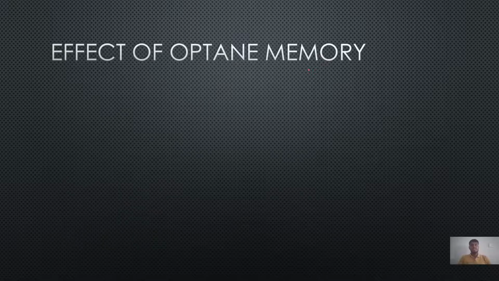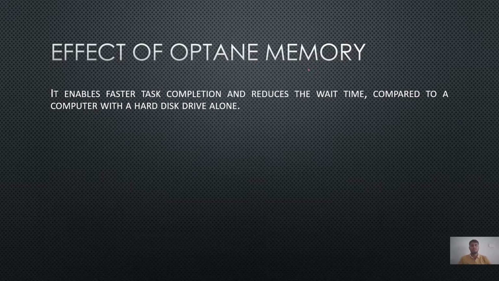The next is the effect of Optane memory in the system. When you install an Optane memory, what will be affected in the experience of the user? The first, it enables faster task completion and reduces the time as compared to computers which contain only the hard drive.